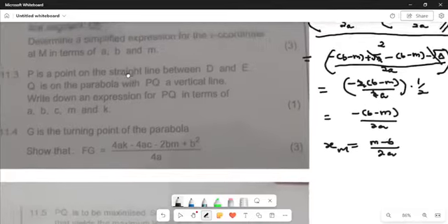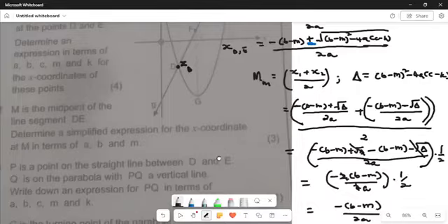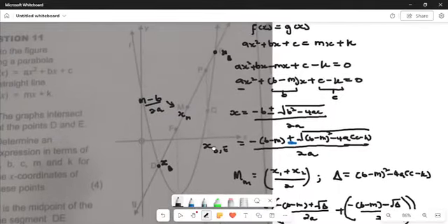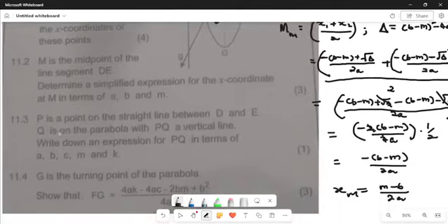And then the third question. P is a point on the straight line between D and E. Q is on the parabola with PQ a vertical line.